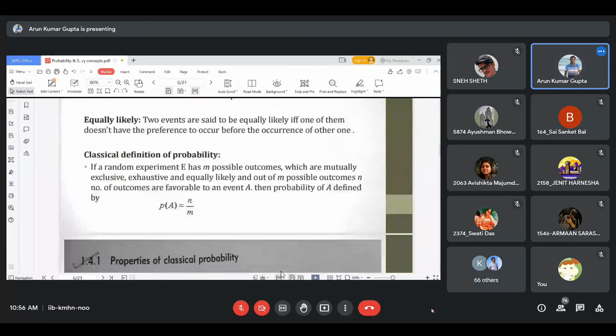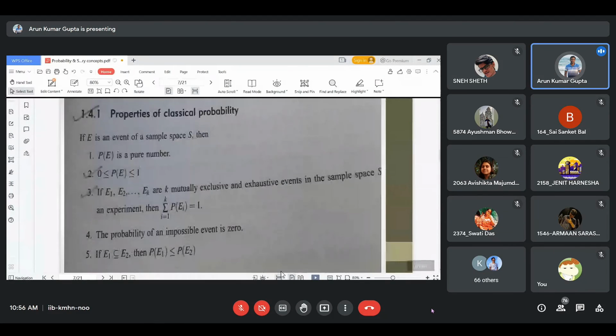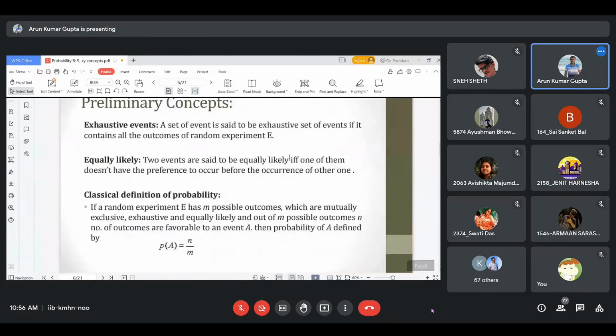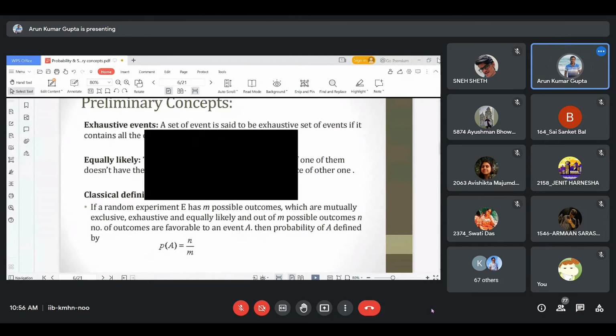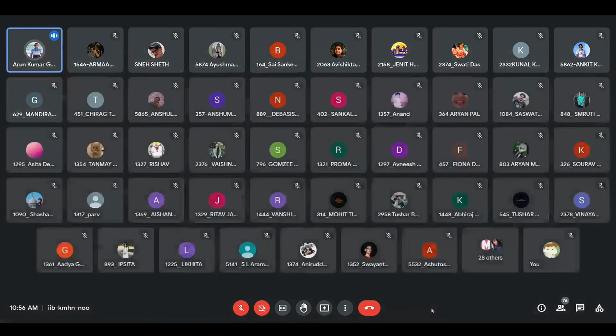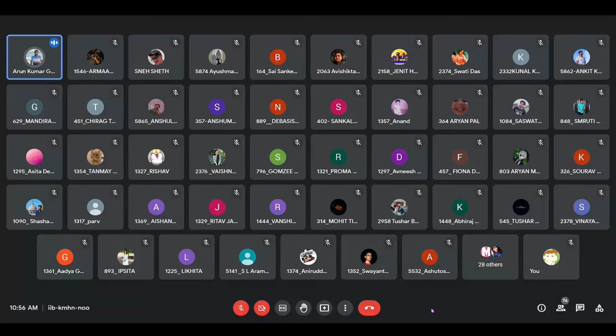There are some properties that we will discuss in the next class, not today. With this, let me start the discussion. There are three definitions of probability. ठीक है, आप कितना यूज करते हो? सिर्फ एक.